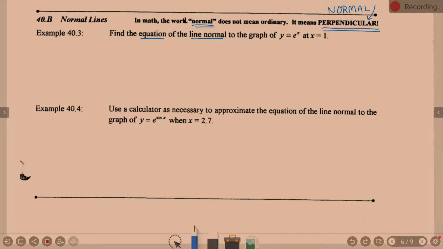So, the little side note I'm going to put in writing here is that perpendicular lines have opposite reciprocal slopes.